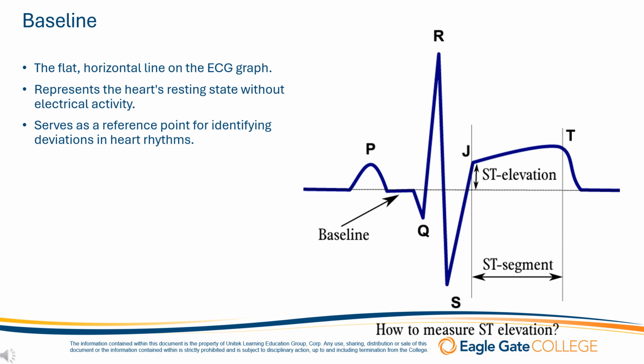It allows us to see the deviations that correspond to different parts of the cardiac cycle, such as the P wave, the QRS complex, and the T wave. By comparing the various waves and segments to the baseline, it's possible to identify abnormalities in the heart's electrical activity. Deviations from the baseline indicate periods of depolarization or contraction, or repolarization, which is relaxation.